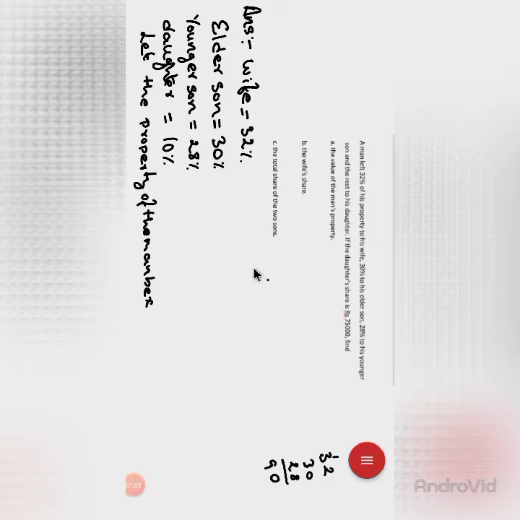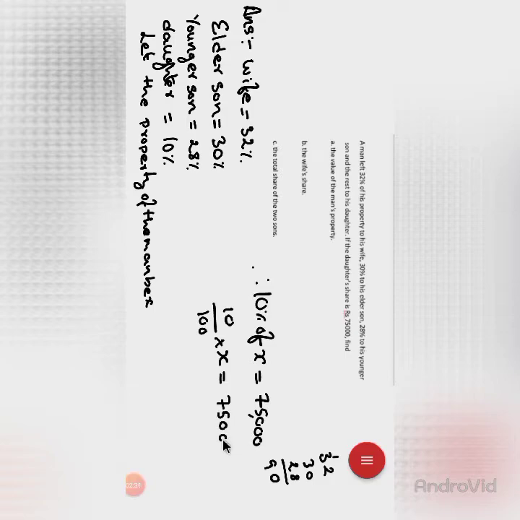Therefore, 10% of X will be 75,000. His daughter's share was 75,000, which was 10% of the total property. That is, we have assumed X. So now we solve this. 10 by 100 into X equals 75,000.